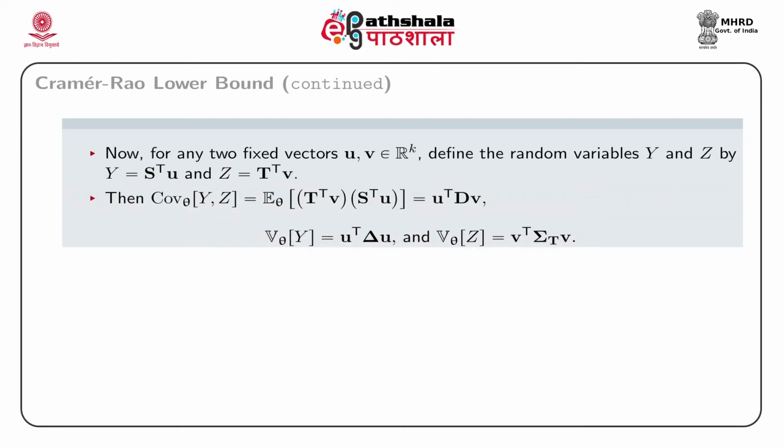Then we get the covariance under θ of Y, Z is equal to the expectation over θ of u' S T' v.